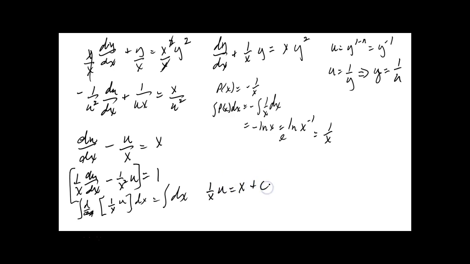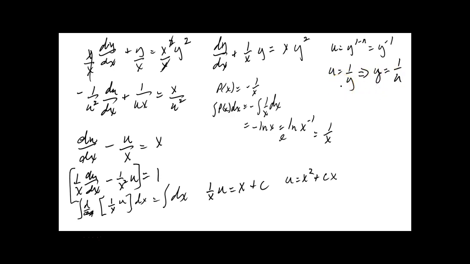Now we can put our plus c in there. We can multiply by x if you want to. That would be okay. So u is equal to x squared plus cx. You okay with that? But we need to figure out what u is, and that's why I left it up here.